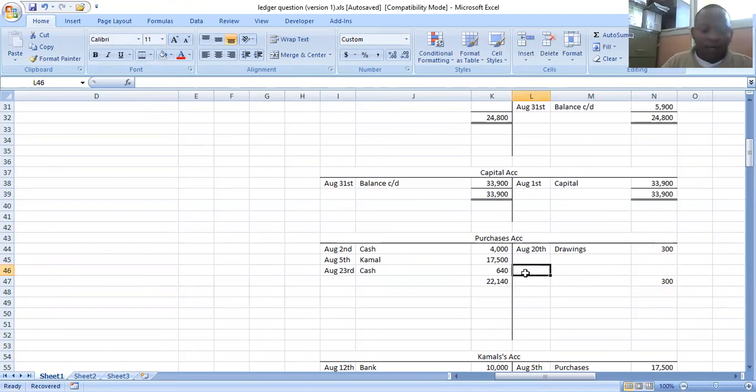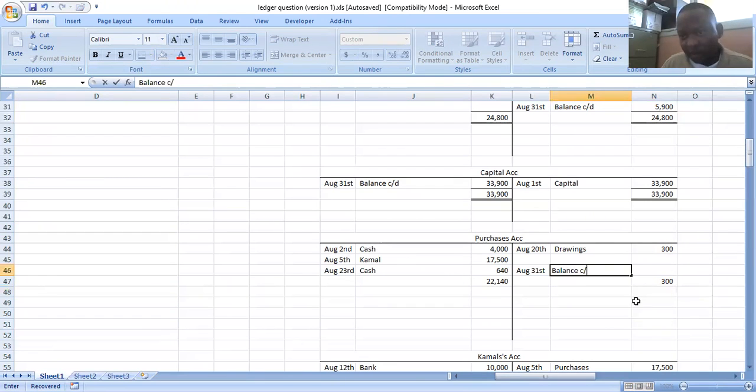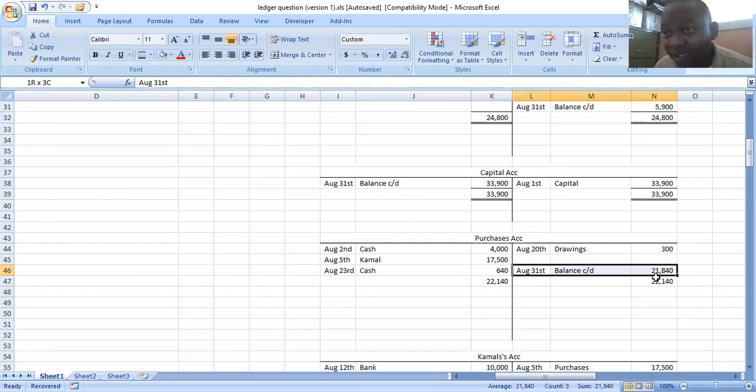So we insert the balance on the credit side of purchases account. So balance carried down, which is equal to 22,140 minus 300. So the balance for purchases is 21,840, which is a debit balance.